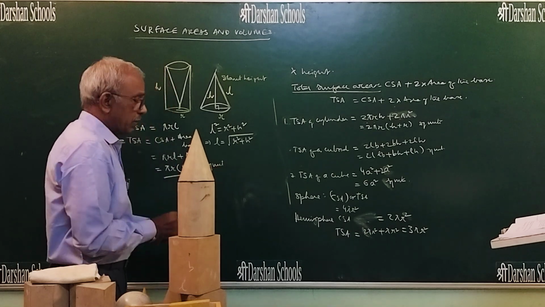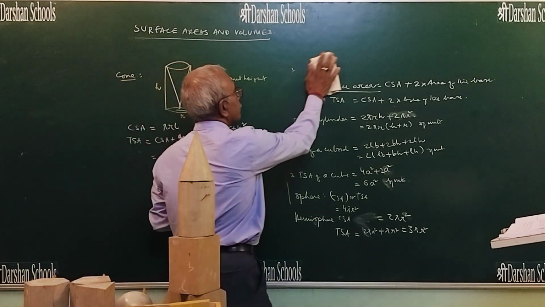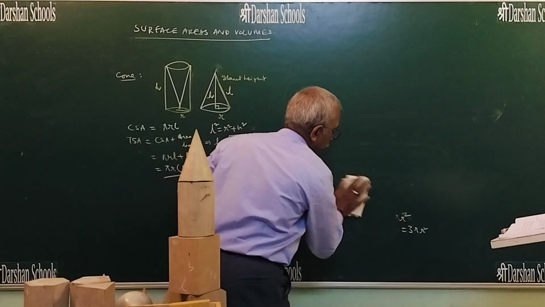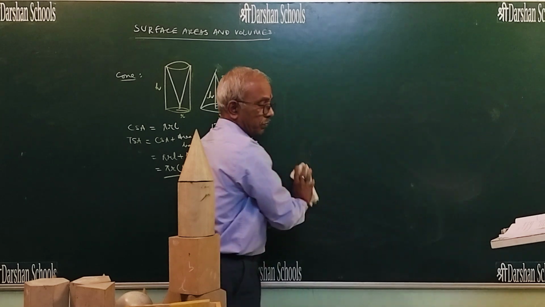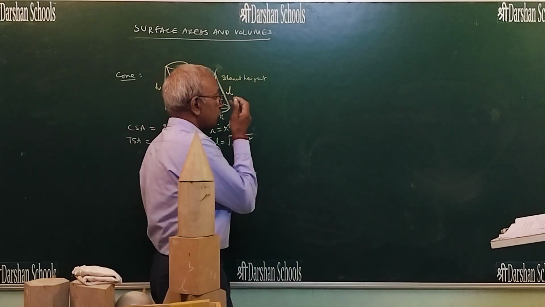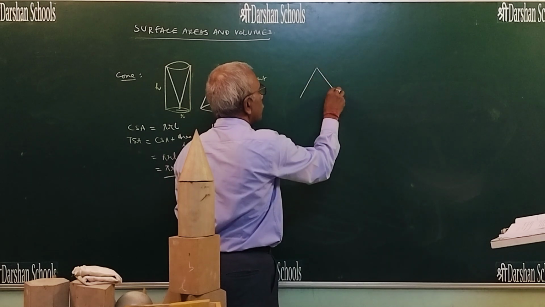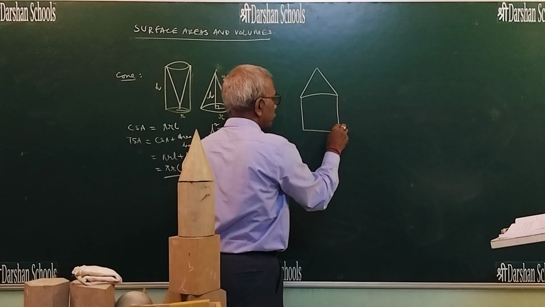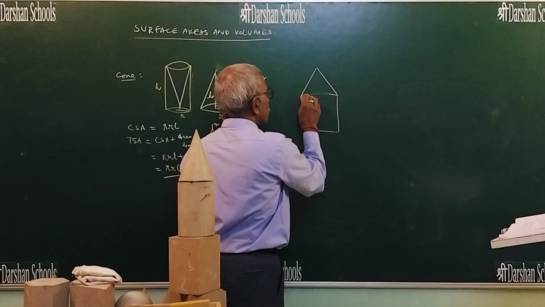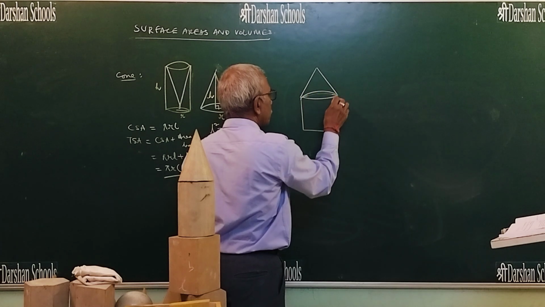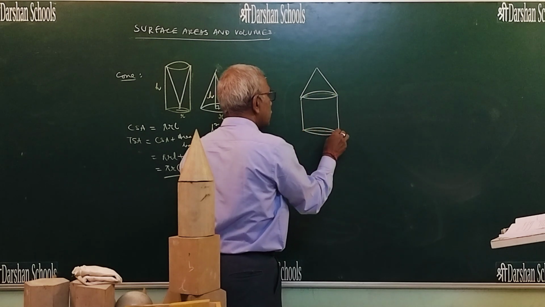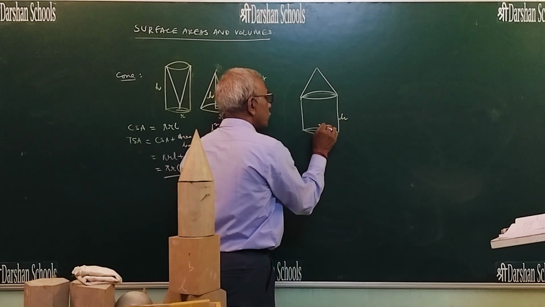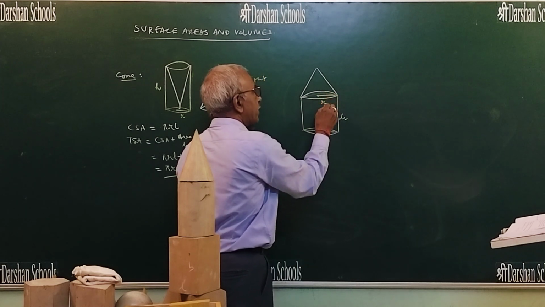So in the case of this sort of figure, how do you find it? Now this is a cone standing on a cylinder. Therefore the radius of the cylinder is equal to the radius of the cone, the same.